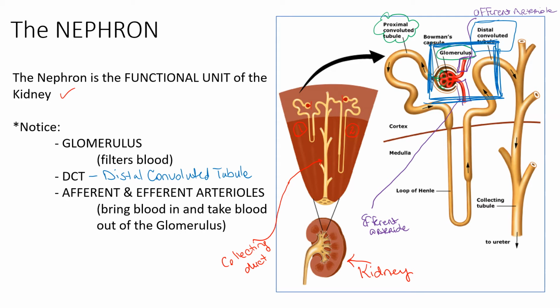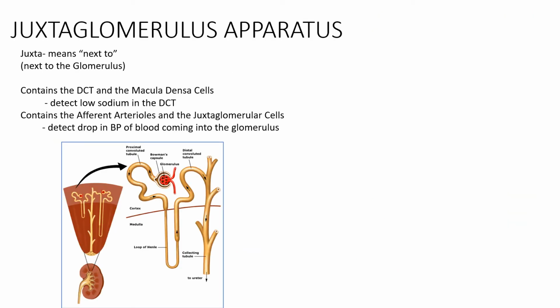This is really where we're taking a close-up view of this area. So again, the components of the nephron that we're focusing in on when we're talking about renin are the glomerulus, the distal convoluted tubule, and those blood vessels, the afferent and efferent arterioles that are bringing blood into the glomerulus and taking blood out of the glomerulus. So let's take a look at this big word here, the juxtaglomerular apparatus.